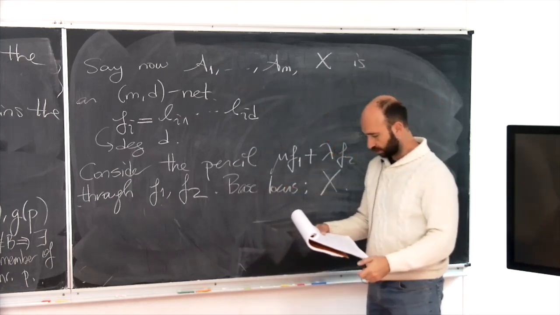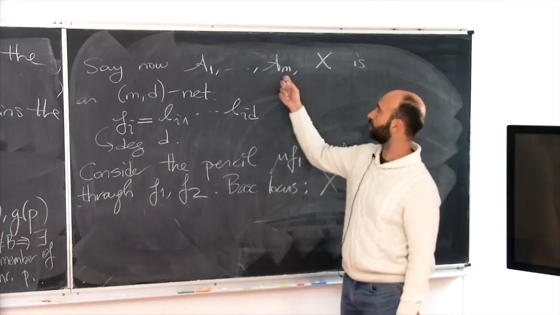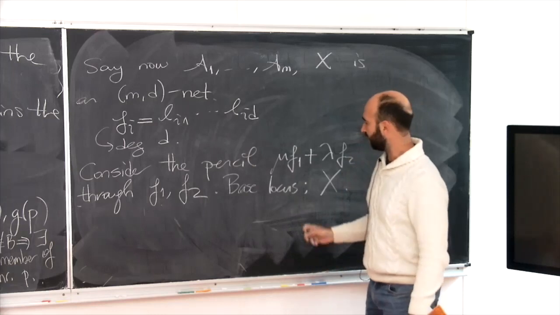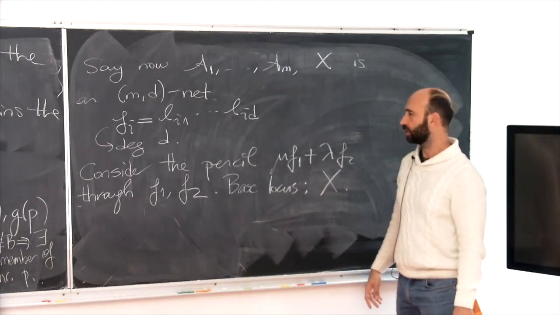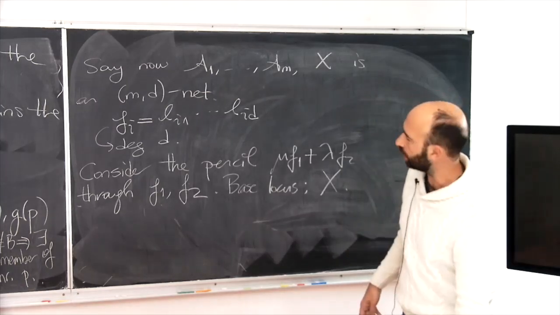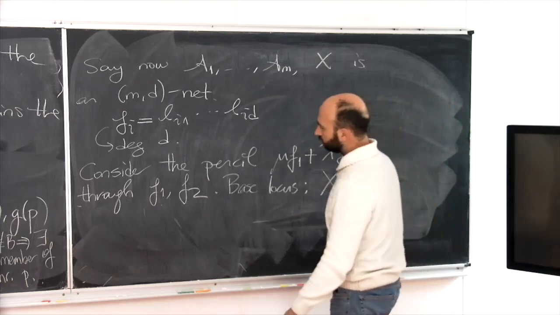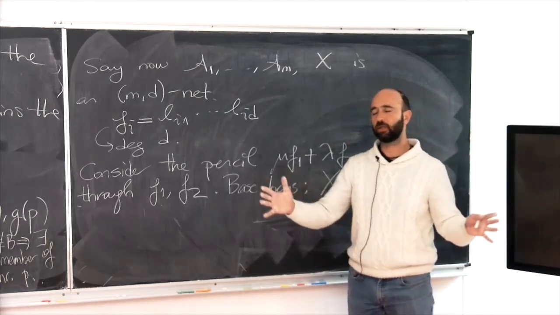Now a natural question is the following. There are these other polynomials, F3, F4, up to Fm, which also vanish on the base locus. So will you see them as some completely reducible fibers of this pencil? A priori, it's unclear. There's some pencil that you form by the first two.